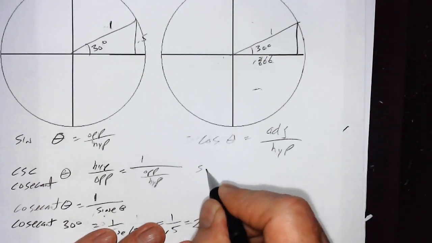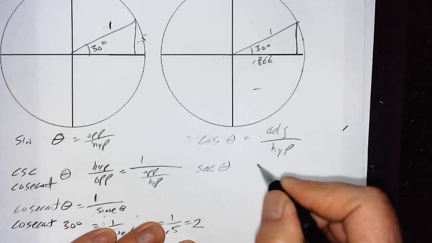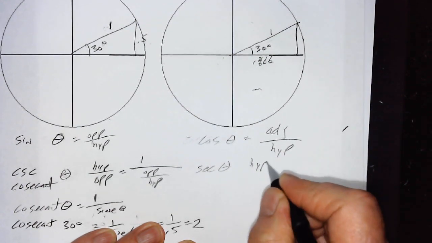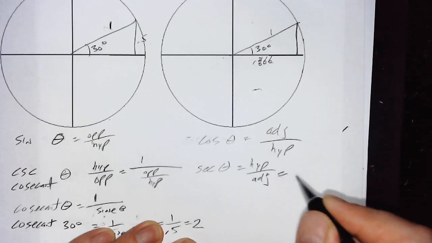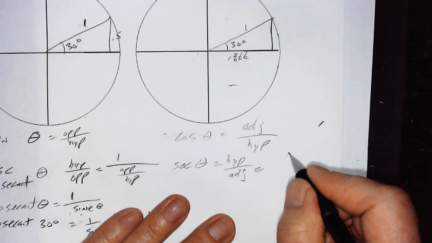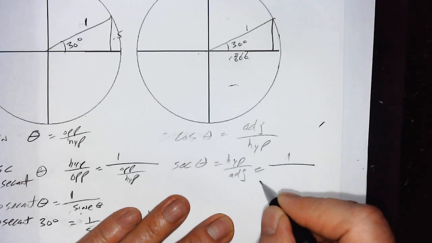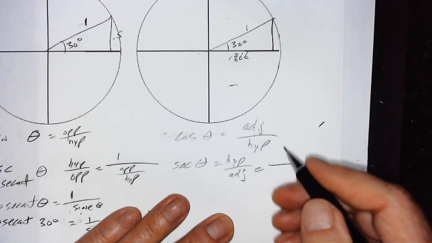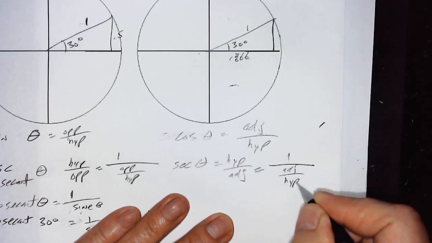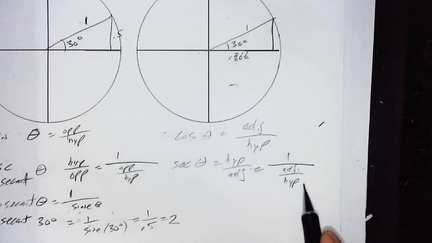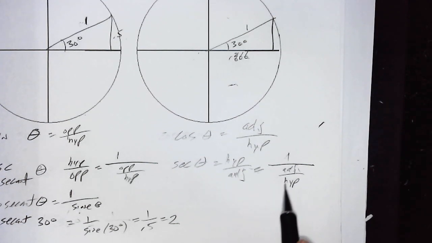And the secant is the hypotenuse over the adjacent. But we sometimes want to remember that that's the same thing as 1 over the cosine. These are just two ways to say the same thing. But when we have the numbers, it's easier to use this sometimes.